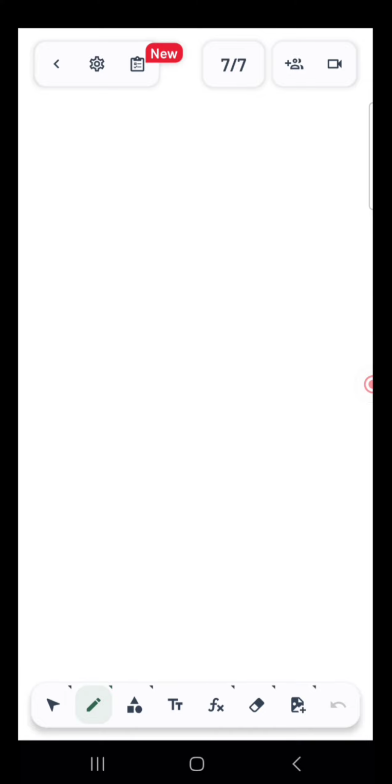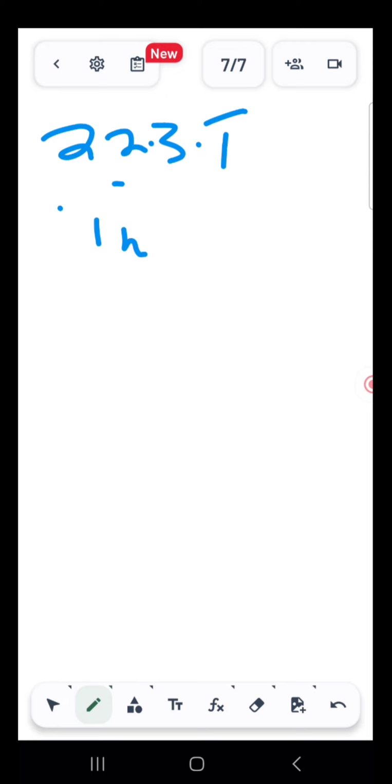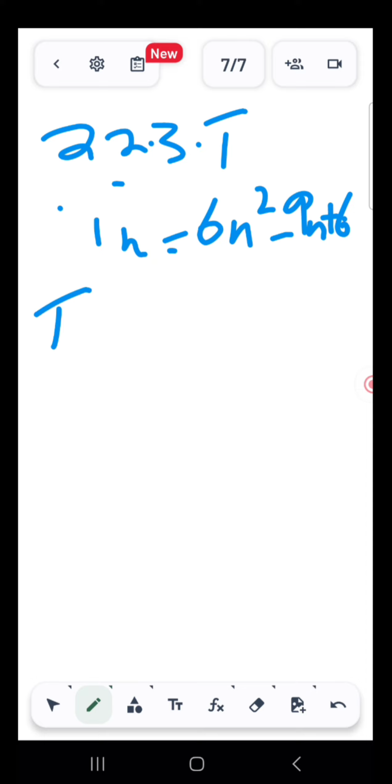So you take your original formula, 2.2.3, which is Tn equals 6n squared minus 9n plus 6. And then if you remember, we derive much of this, right?